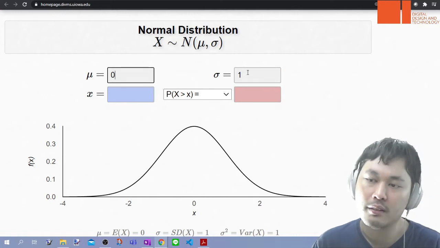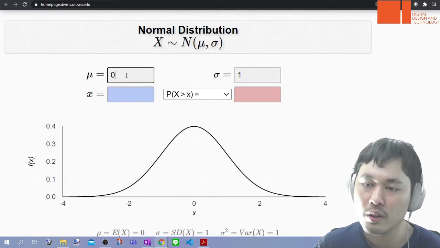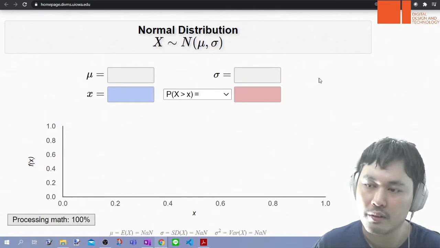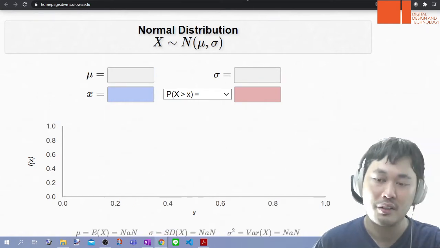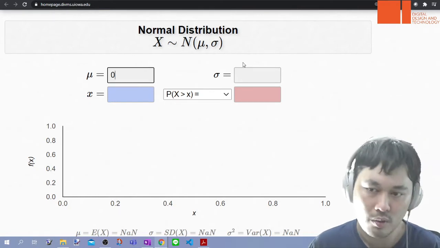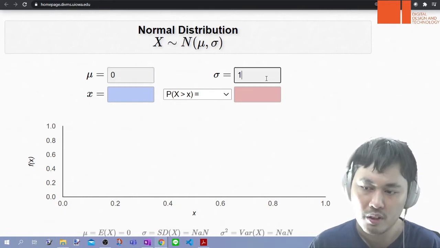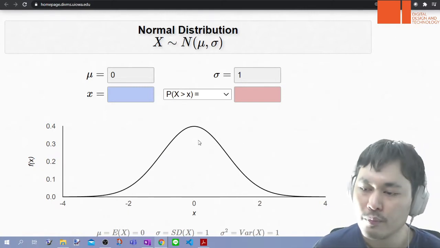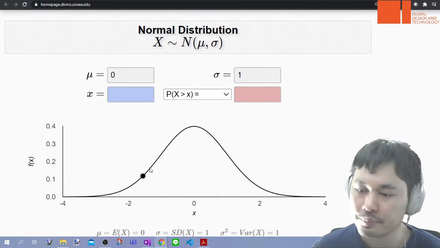For the standard normal distribution, we put mu to be 0 and sigma to be 1. Let me start from scratch. If there's nothing there, you put mu equals 0, sigma equals 1, and there it is. That gives you the curve that we are looking for.